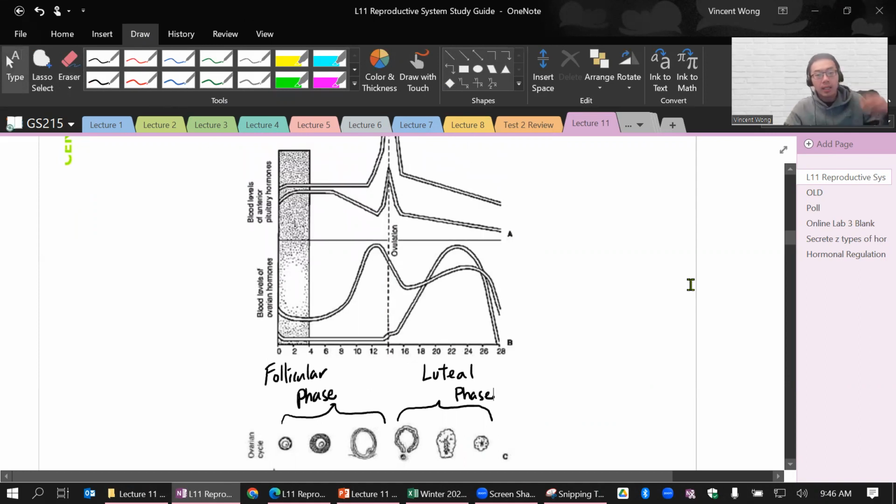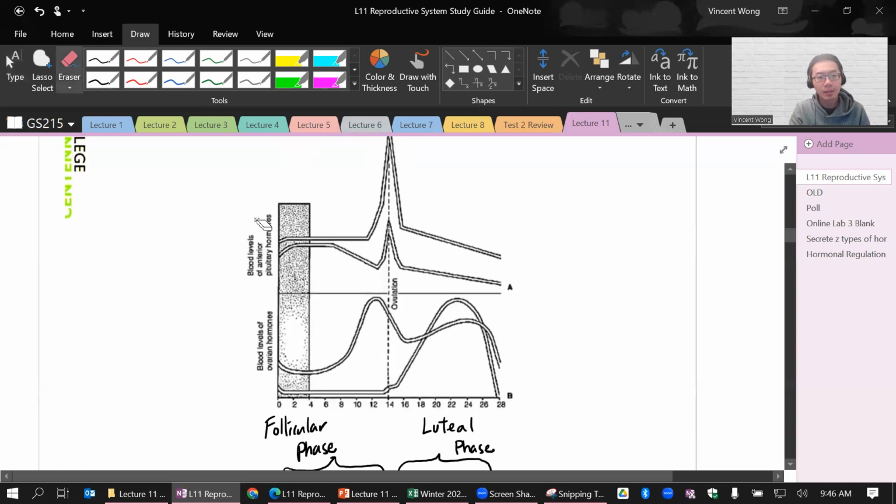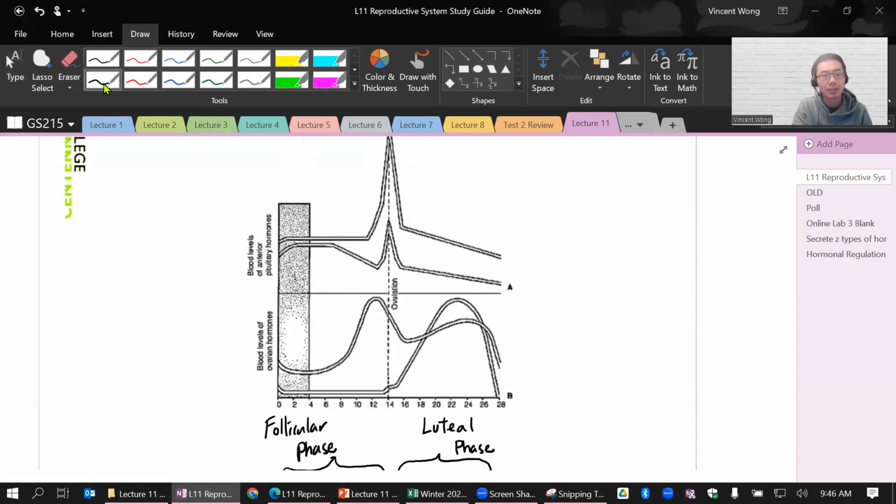So the follicular phase, how does it begin? Well, it begins with the FSH and the LH, right? So you have your increase in GnRH, and then your FSH and your LH are going to increase.